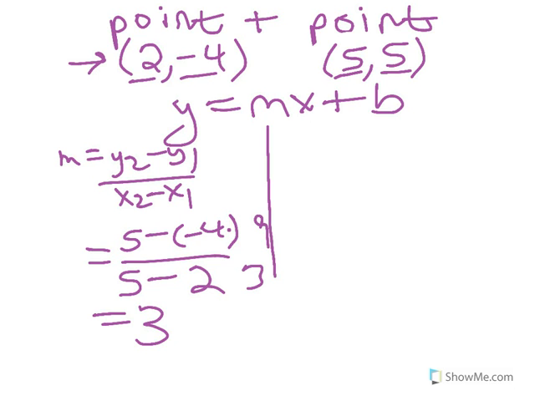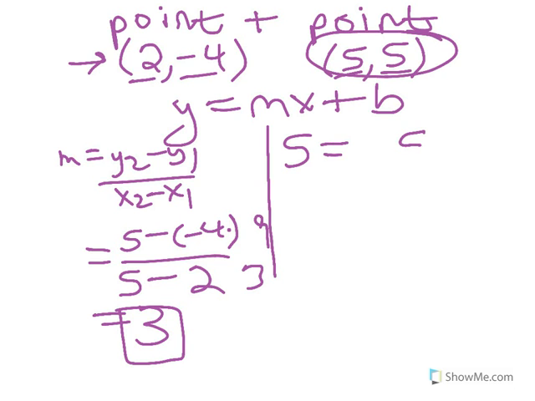Well, now that I have that 3, this is not a hard chore. You see, I can take that 3 along with (5, 5), and put them into the equation. I can put 5 in for y, as long as I put 5 in for x. I can put 3 in for m now that I know what it is, and that leaves me a y-intercept to discover. 3 times 5 is 15.